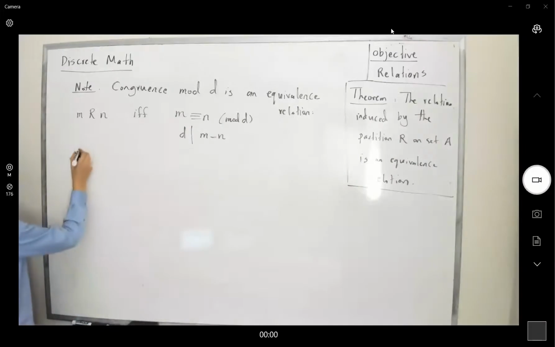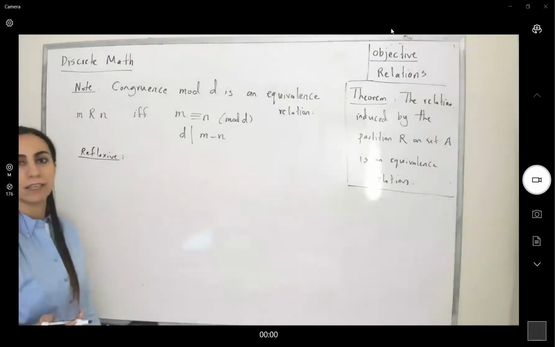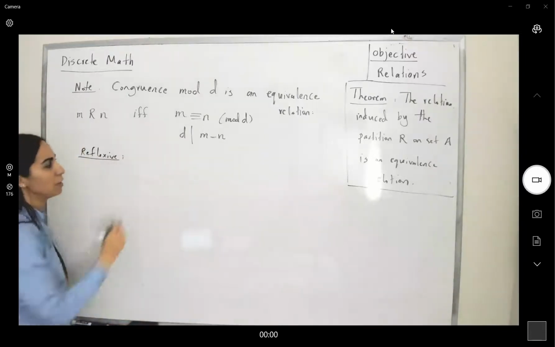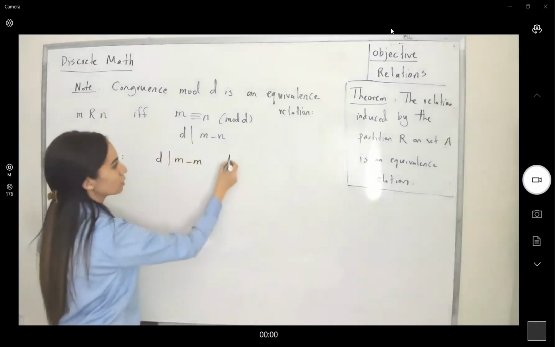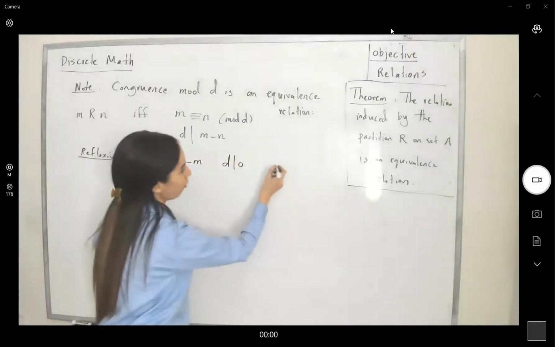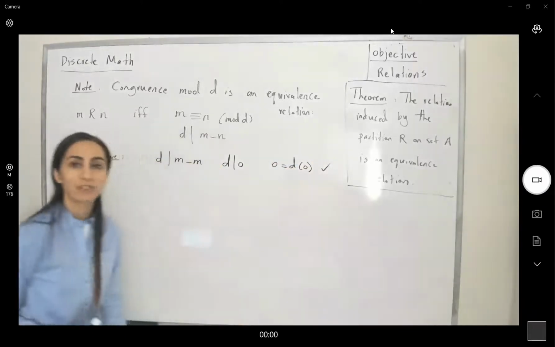So to show that it's reflexive, it means that for any number like M, D divides M minus M, or D divides 0, or 0 is equal to D times 0, which is always true.